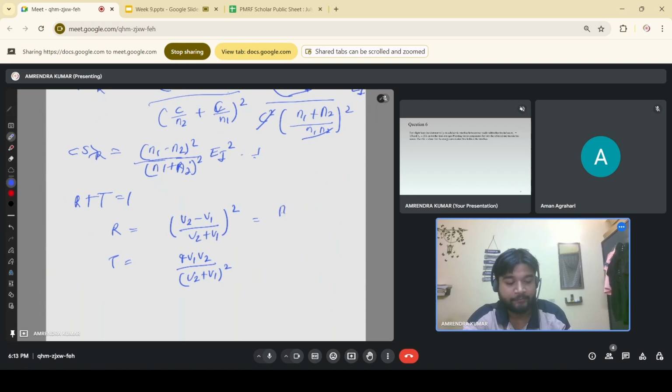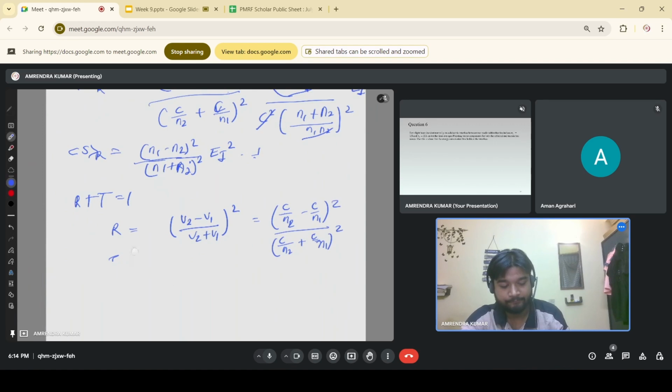You write this in terms of n: c by n1, c by n2 minus c by n1 over c by n2 plus c by n1, whole square. Here c square is common, so n1 minus n2 over n2 n1 squared.